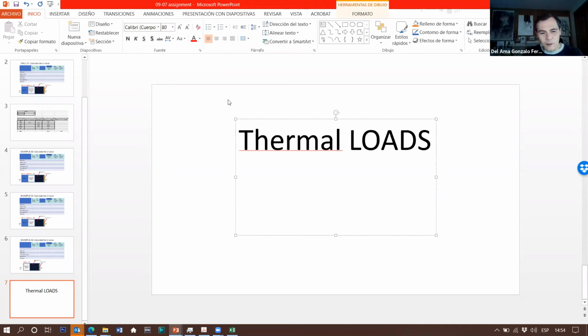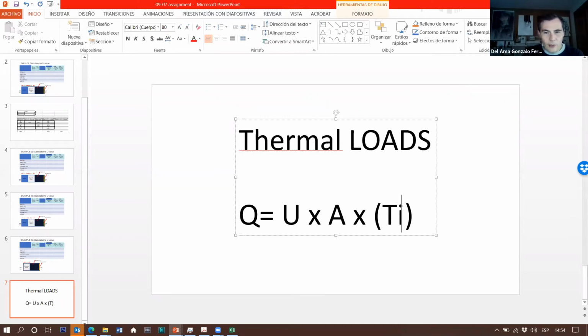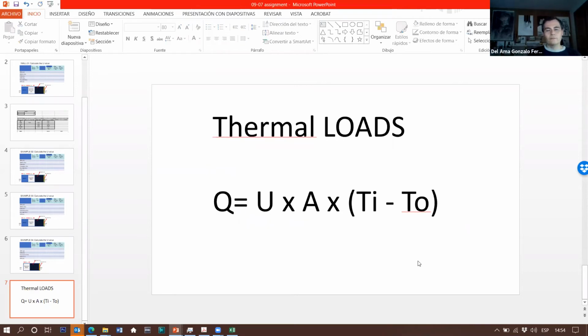So that law states that Q, which is the thermal load, equals the U value, the thermal transmittance, times the surface area times indoor temperature minus outdoor temperature. So this is the thermal load.